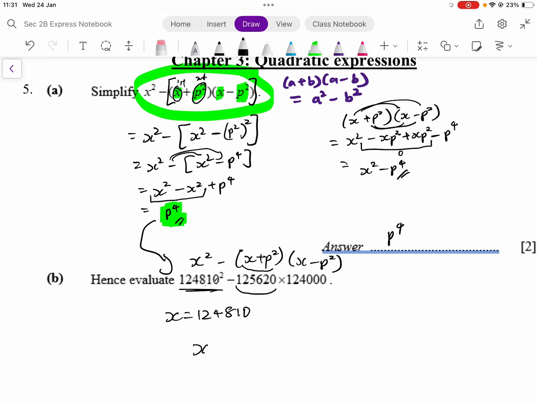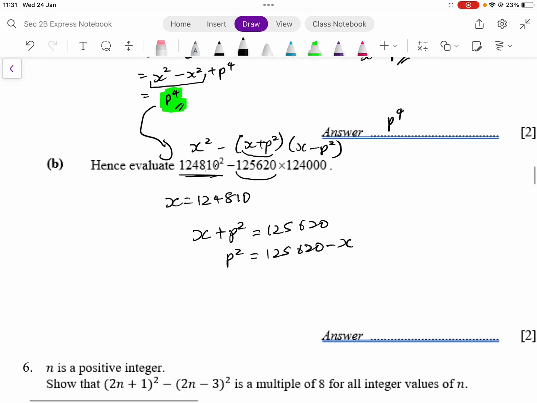So if x plus p squared equals 125,620, my p squared should be 125,620 minus x, which also happens to be 125,620 minus 124,810, which gives me 810. Right, so p squared is 810.